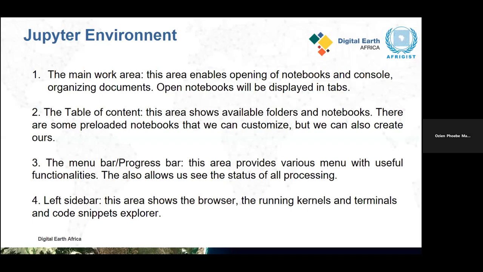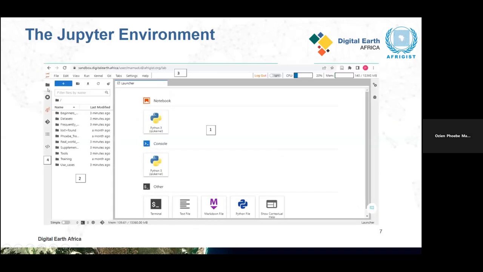Now you also have the menu and the progress bar, which provides various menus and functionalities that allow you to see all your processing. So I'll just go back so that you can look through. You can have processing like upload, download. You can see the status of whatever process you are running. You can log out while you are running any process on your notebook.